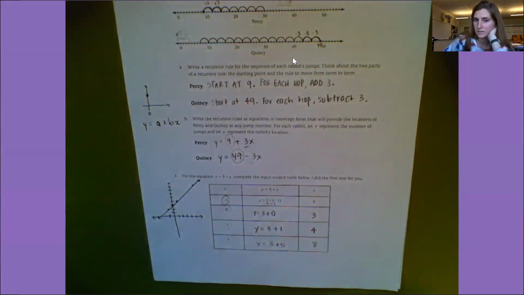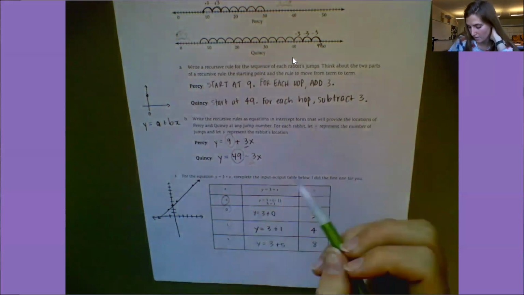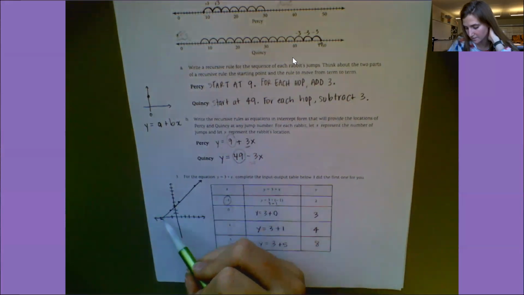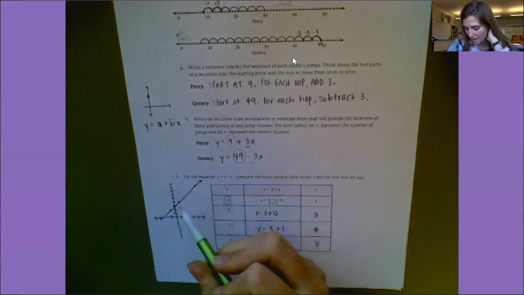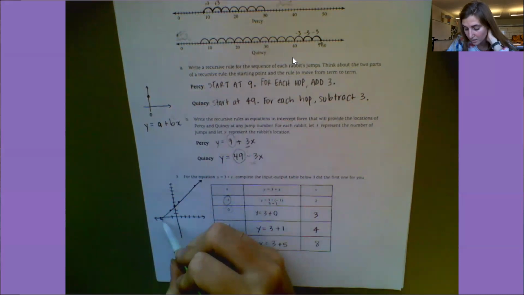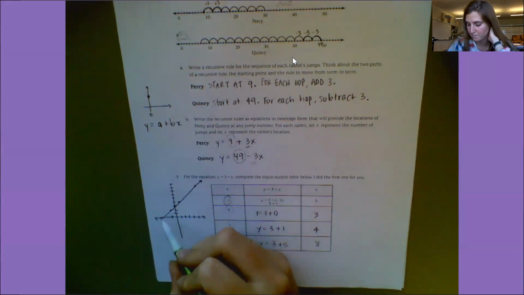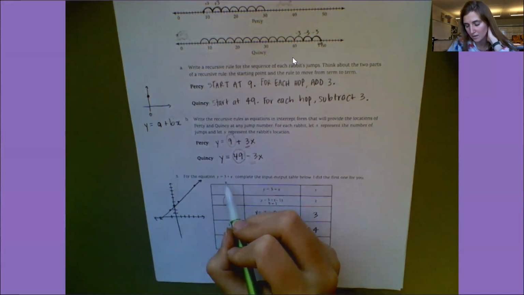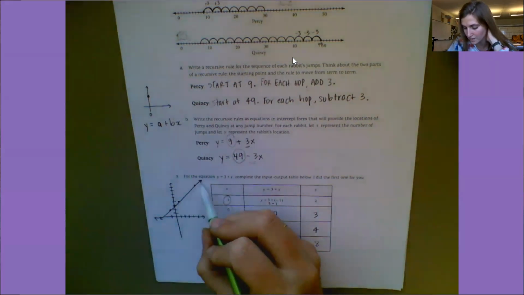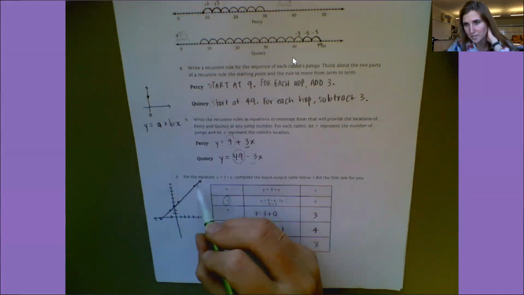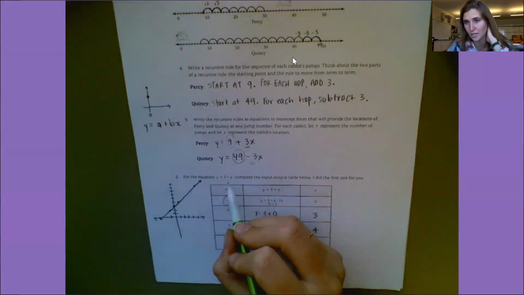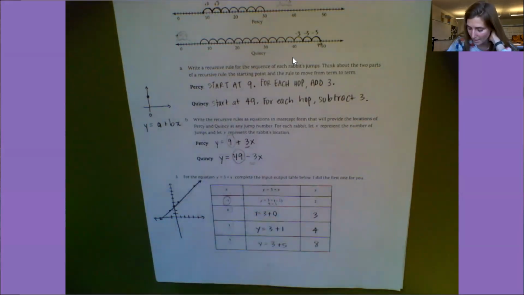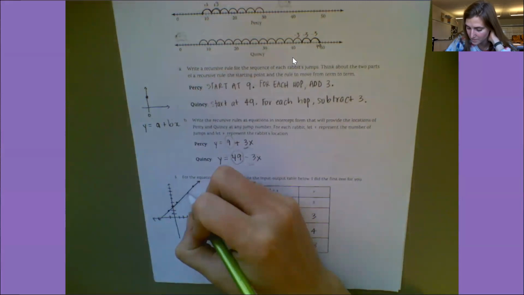So something I want to point out is what this line tells us is the collection of points that satisfy this equation. Any point on this line is going to represent a solution to this equation. Any point on this line tells us an x and a y value.